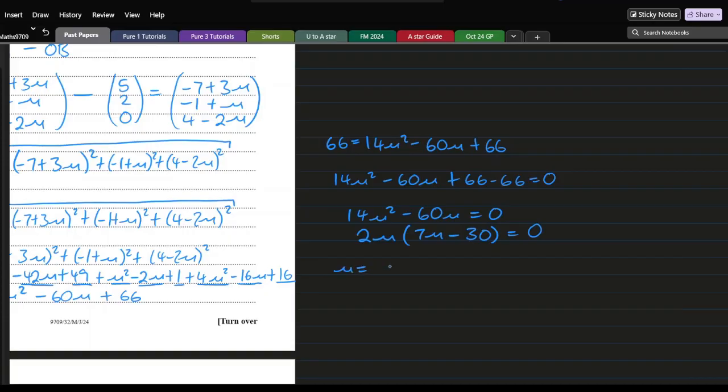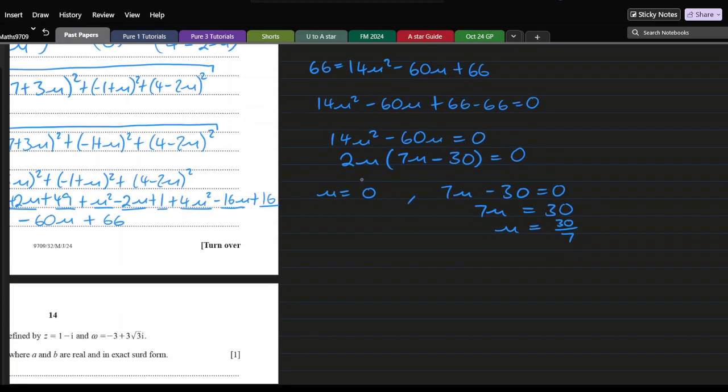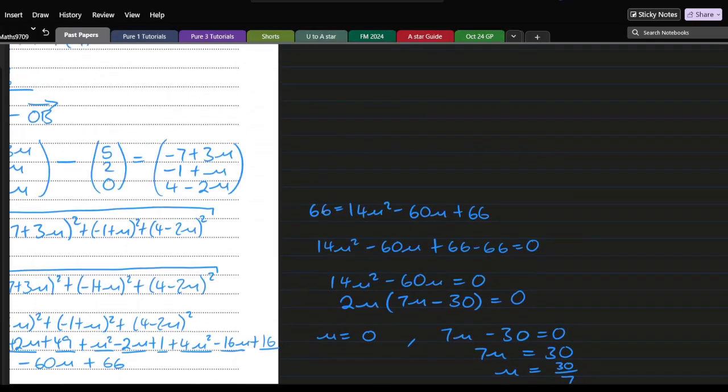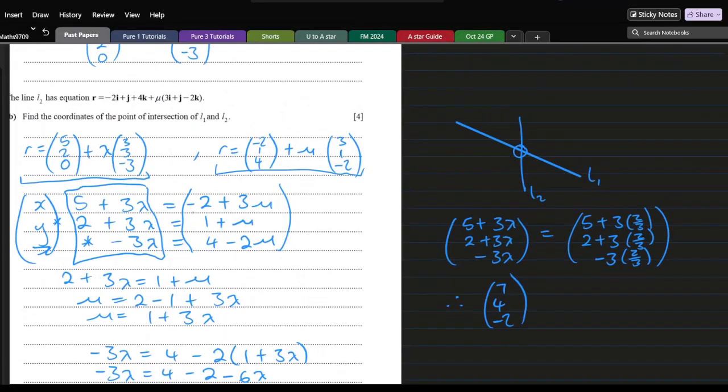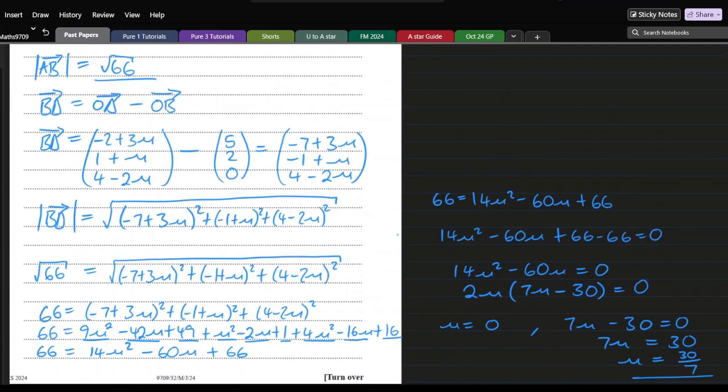So mu is either 0, or 7 mu minus 30 is equal to 0. That means 7 mu is equal to 30, and mu is equal to 30 over 7. Our mu must be 30 over 7, because if mu is 0, going back to the equation of line L2, that just means we're focused on the point (-2, 1, 4).